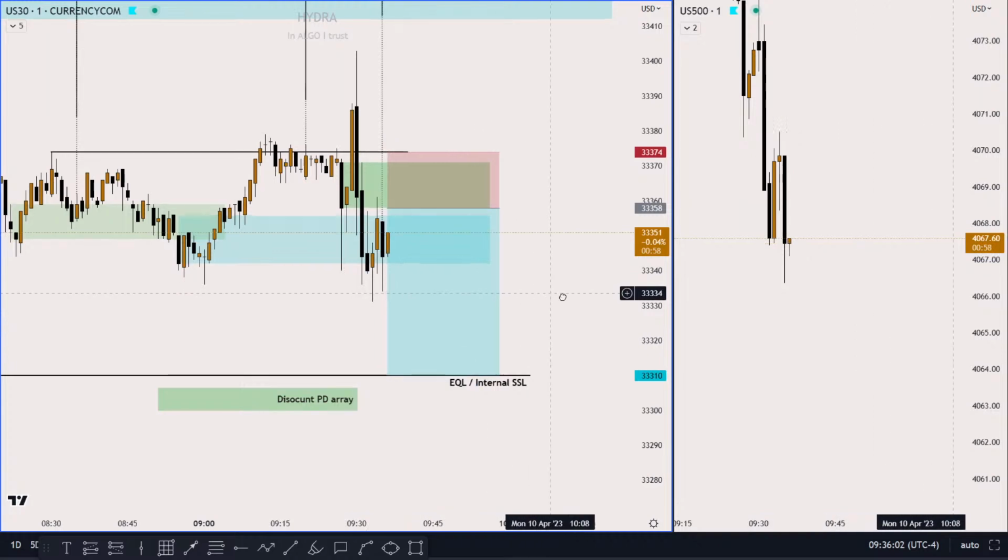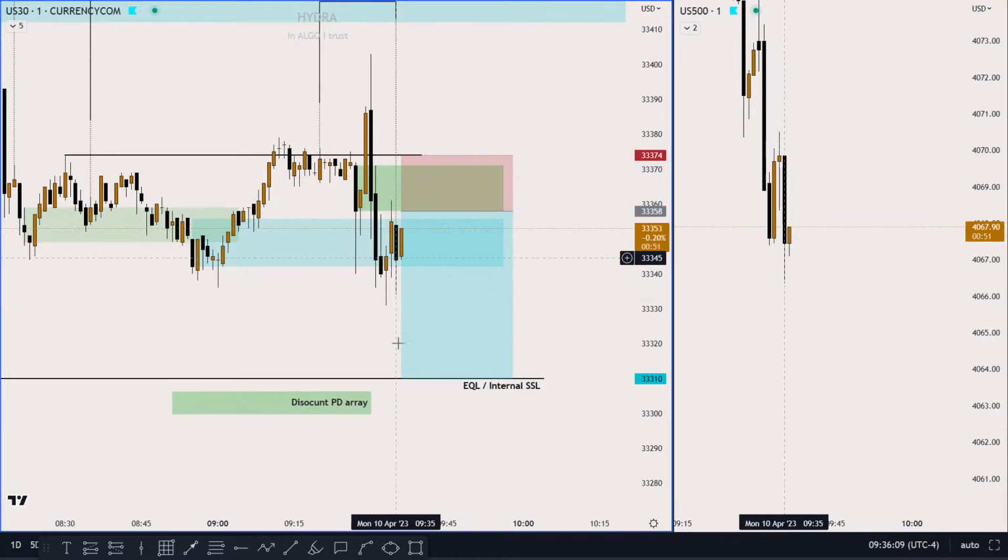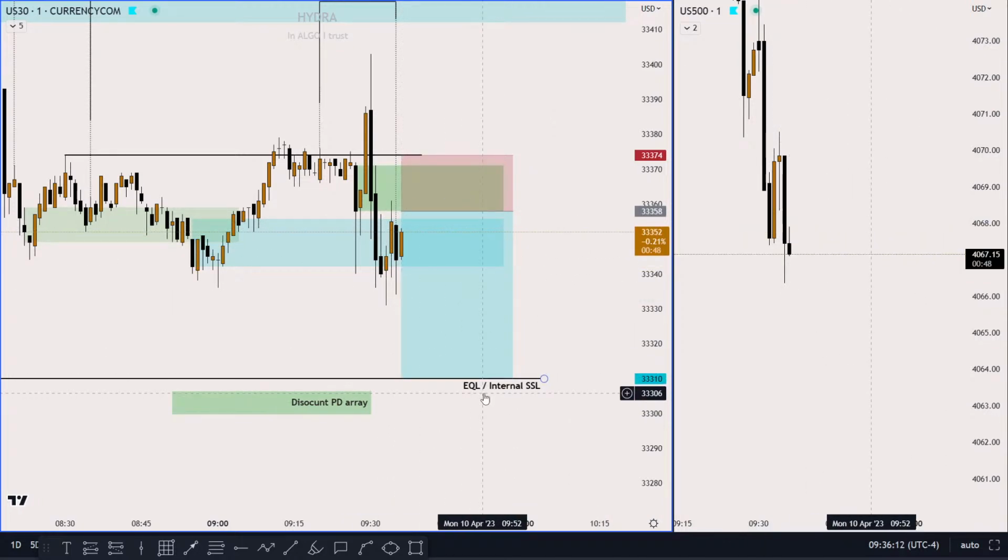Look at this price action. Oh my god, it's chopping around, chopping around. What I want to see is price smashing through these equal lows.